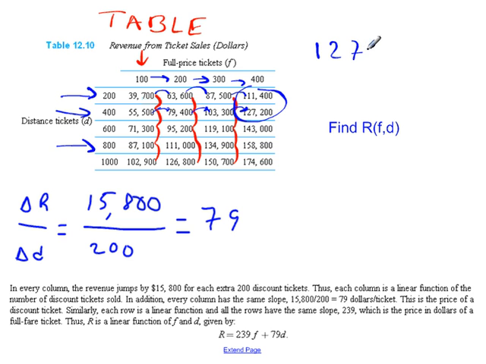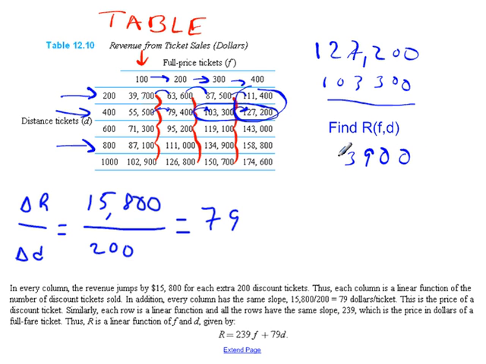So it's 127,200 minus 103,300. And when I take this difference, you get 23,900.